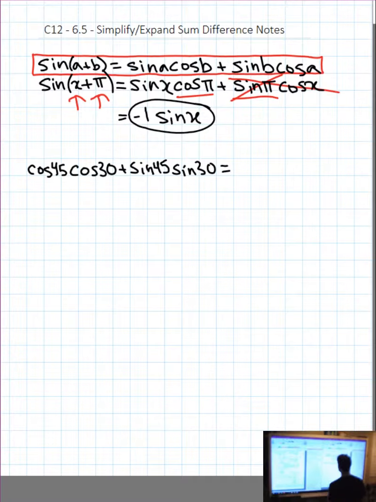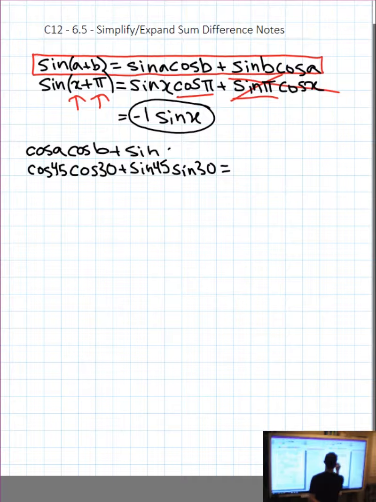Well, I can see from my formula sheet, I'm in the addition identity section, and I have a right-hand side of a cos. So I'm going to write the identity directly above it. Cos A cos B plus sine A sine B equals.